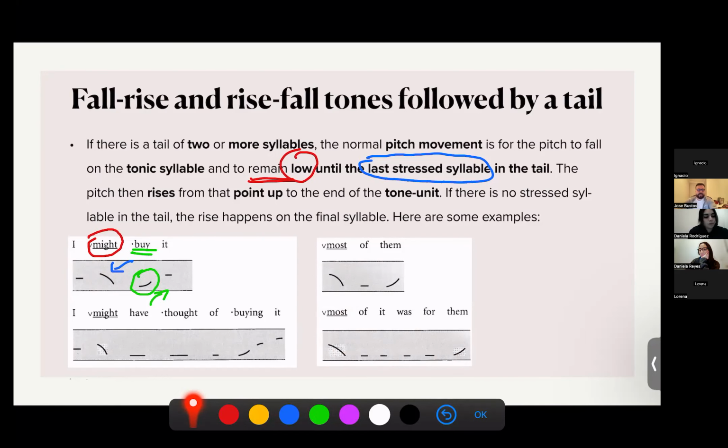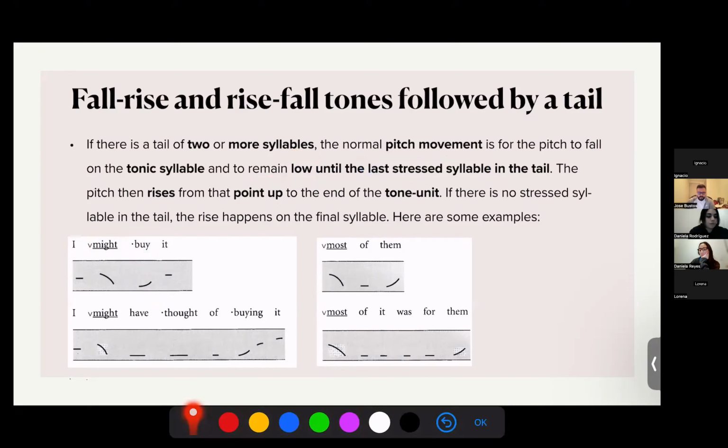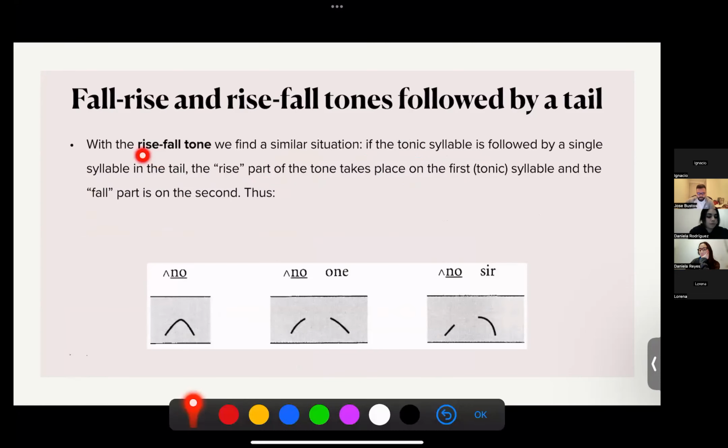Is that section clear? For example, what happens now with rise-fall? For example, "no." But for example, "no one, no one," "no sir, no sir."